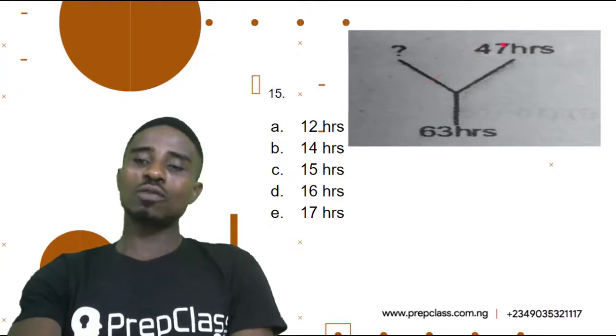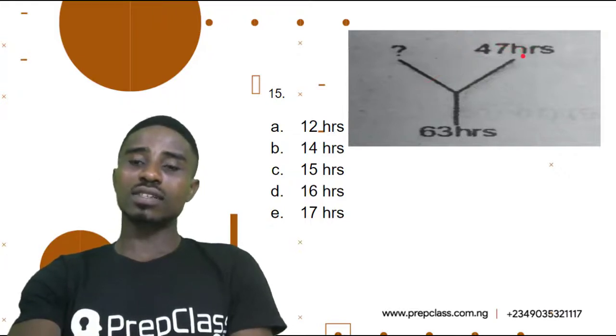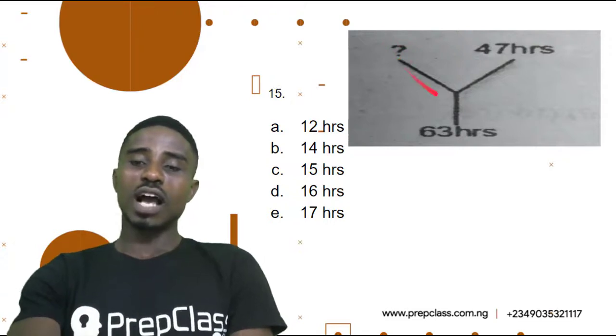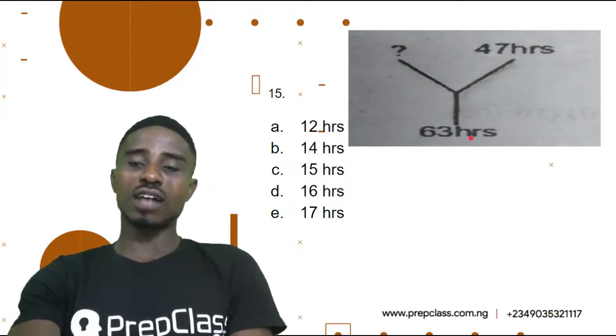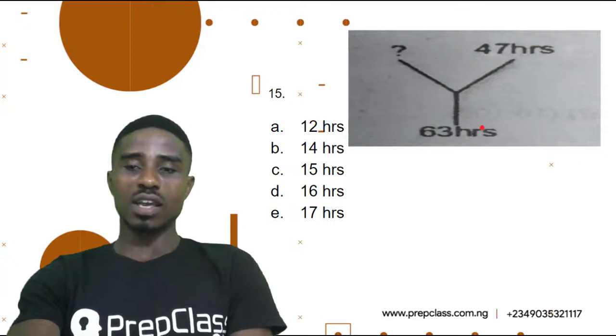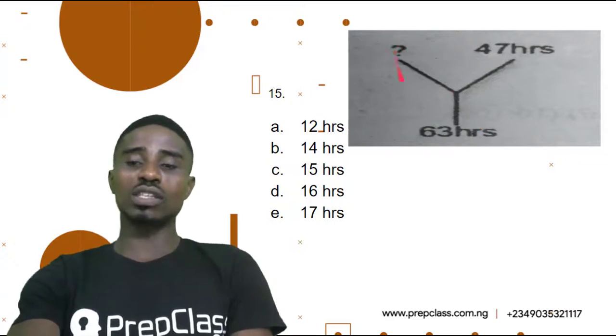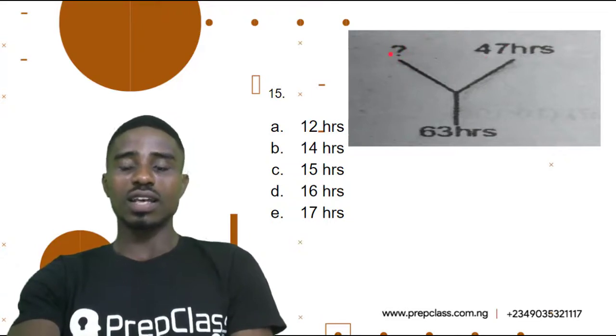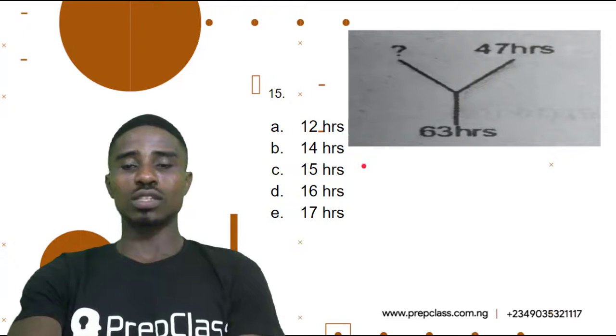So we have 47 hours, and we have a missing space here, an empty space, and we have 63 hours. So normally it ought to be this one plus 47 hours will give us 63 hours. But since we don't have this here, we're going to say 63 hours minus 47 hours will give us our correct answer here. Let's check out how to get it done.